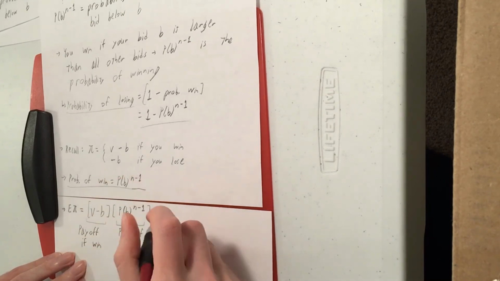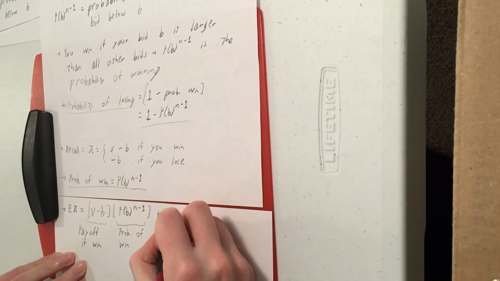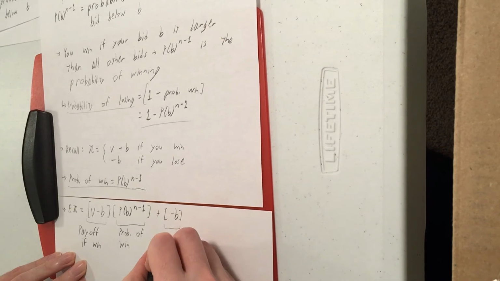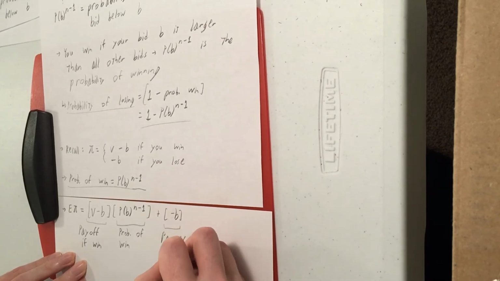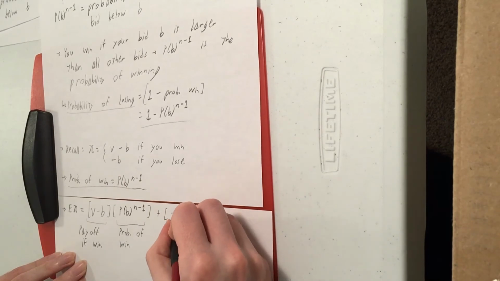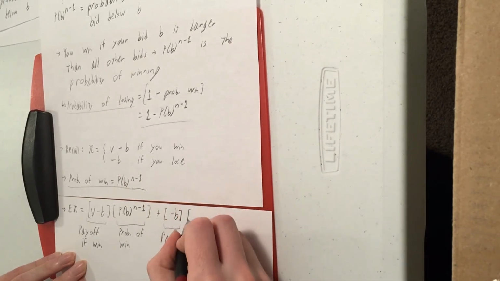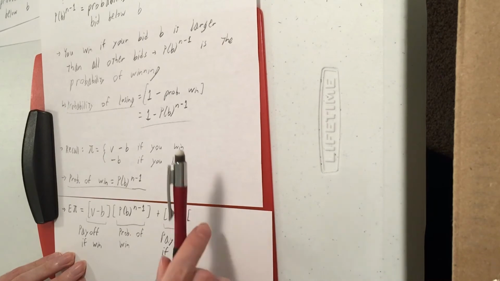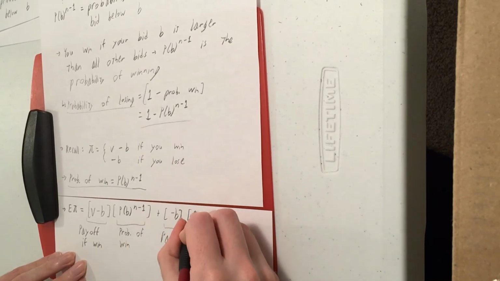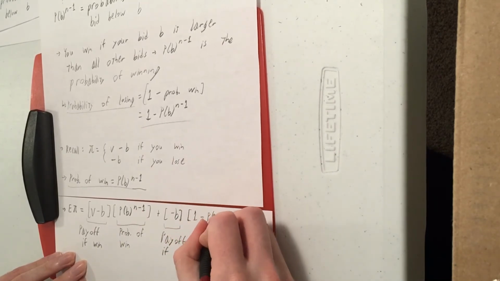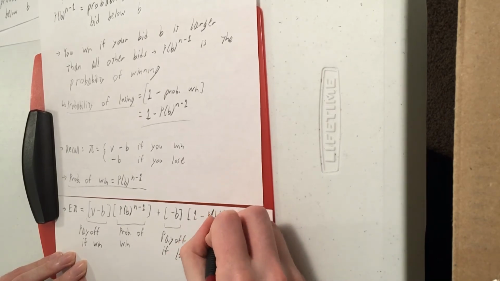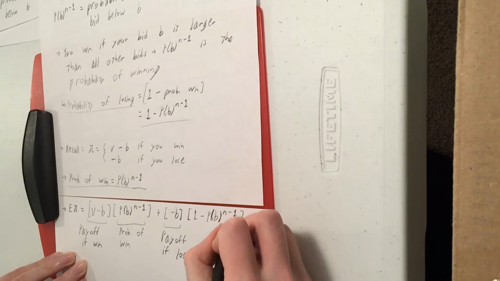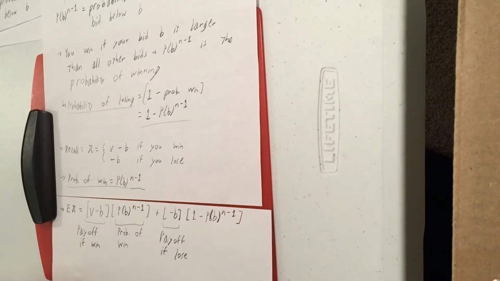If you lose, you get minus B. The probability you lose is, we established, 1 minus P of B to the power of n minus 1.